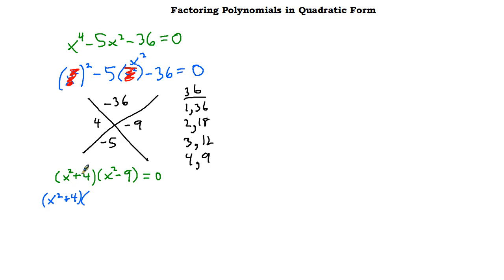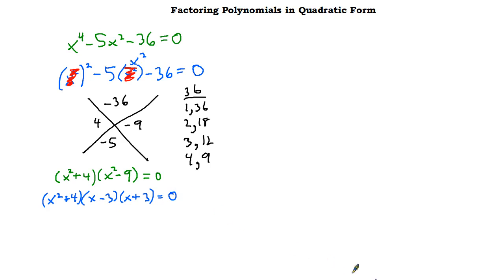If you'd like, you can try all the different combinations, x minus 2 times x minus 2, x minus 2 times x plus 2. You'll never get that. But x squared minus 9 can be factored. If you want to pause the video and write out the factors, I'd love for you to do that. Otherwise, I'm about to show you right now. It should be x minus 3 times x plus 3.